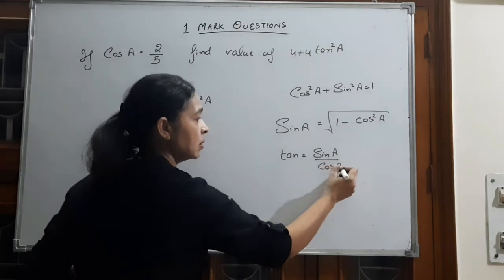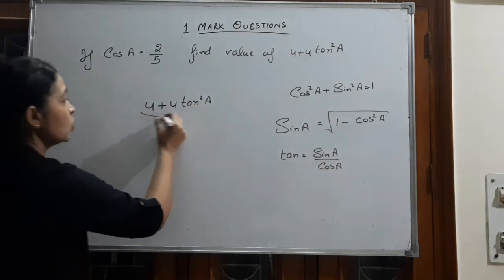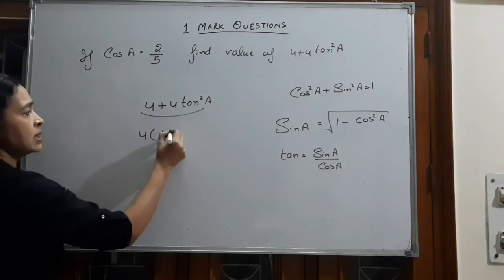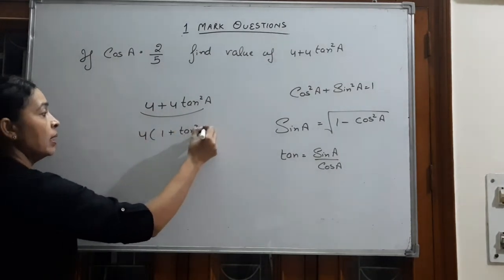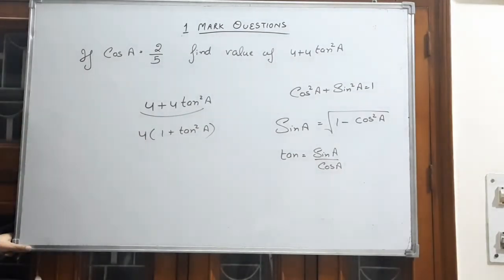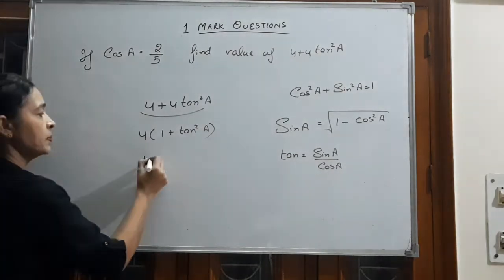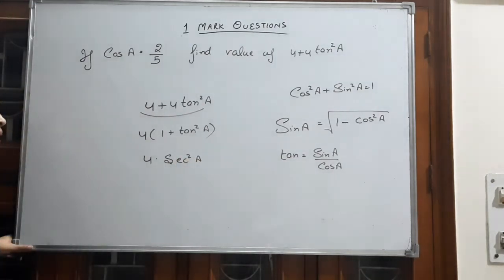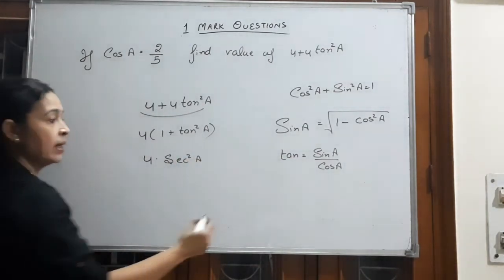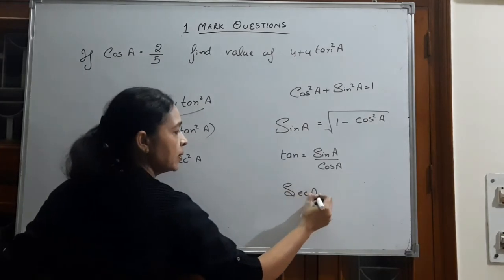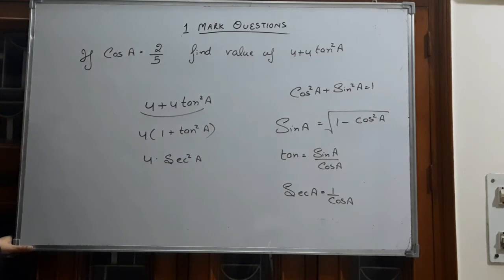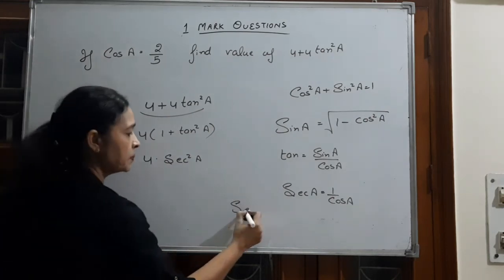We can do it like this. Or what we can do is, what is common in these two terms? 4. What is left is 1 plus tan square A. And we have the identity that 1 plus tan square A is sec square A. Sec A is 1 upon cos A. What will be the value of sec A?